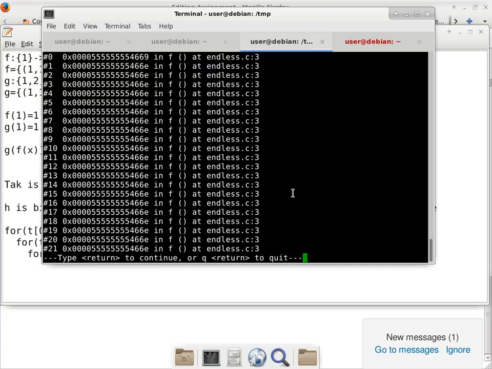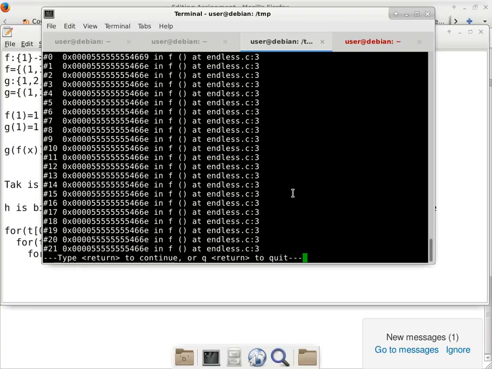So the number that you see all the way to the left-hand side, #0, #1, and so on, those are indicating which frame we are talking about. 0 is the last frame, the most recent frame, and then 1 is the previous one, 2 is the one previous to that, and so on. So when you're debugging a recursive subroutine, it really helps to know the breakpoint or where you stop is at which level of the recursion.